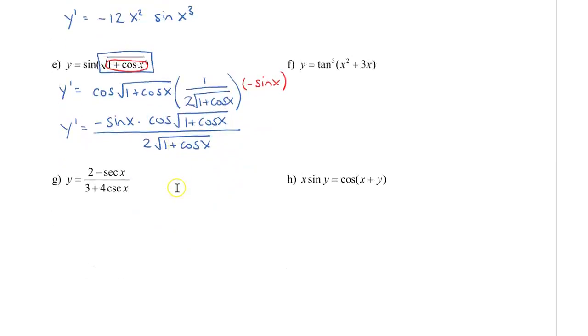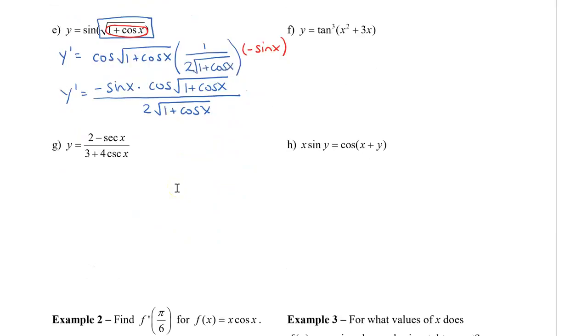All right, let's do one where we require implicit differentiation. So for h here, we can see that we have an x and a y, and they're on both sides of the equation, which means that we need to do implicit differentiation. So we first take the derivative of x, which is 1, and then we have times sine y plus x. Now we take the derivative of sine y, which is cos y, and then we write dy dx.